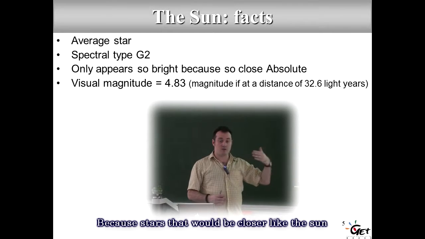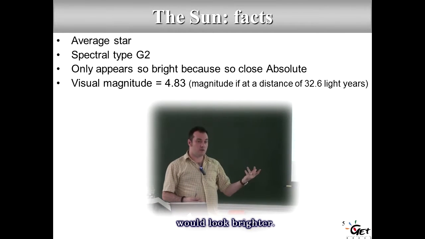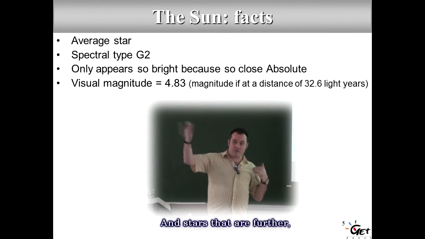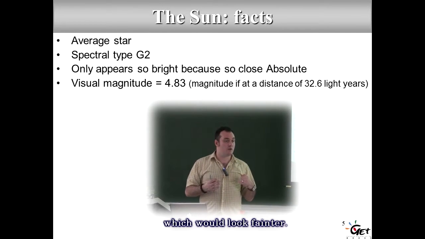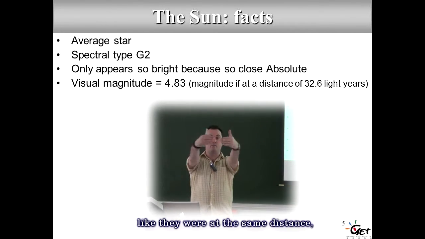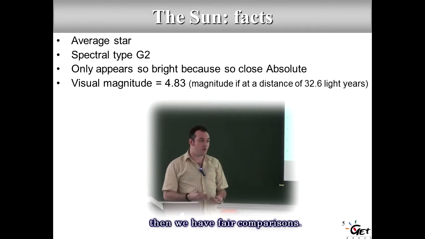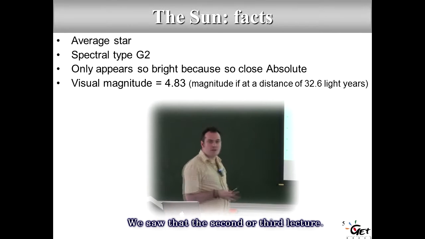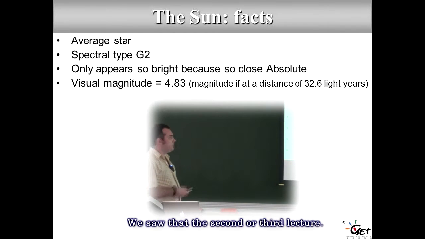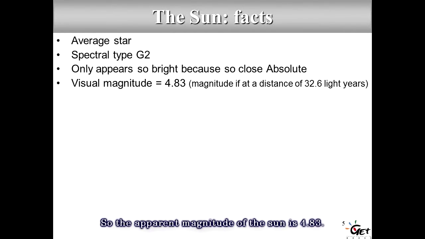Because stars that are closer, like the Sun, will look brighter, and stars that are further, like Antares, will look fainter. But if we put them all at the same distance, we have fair comparisons. That's what we're doing here with absolute magnitudes. We saw that in the second or third lecture. So the absolute visual magnitude of the Sun is 4.83, and as we will see, it's not extremely bright.